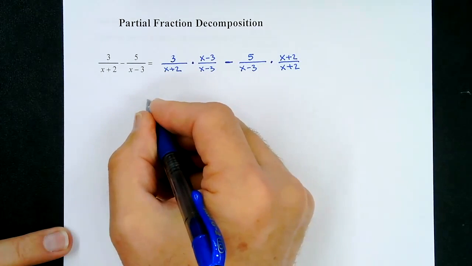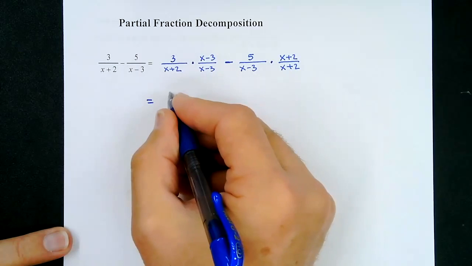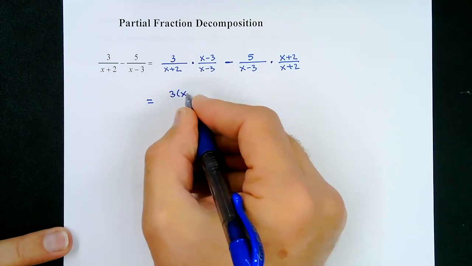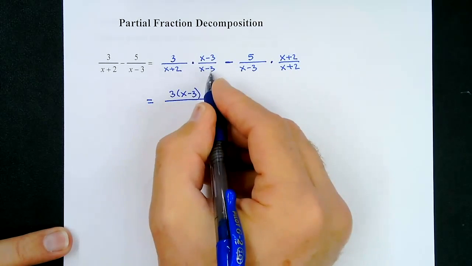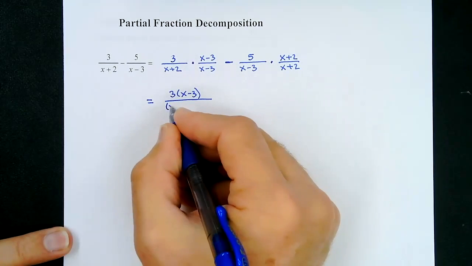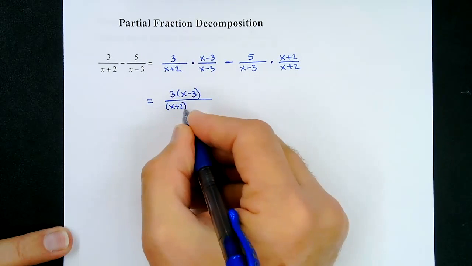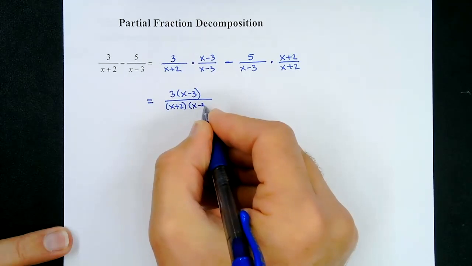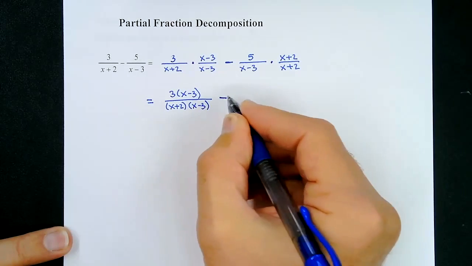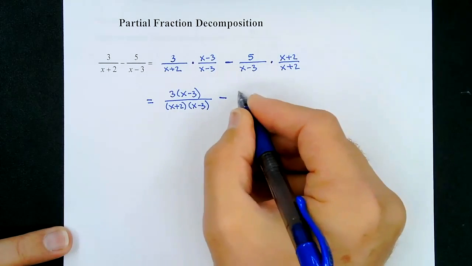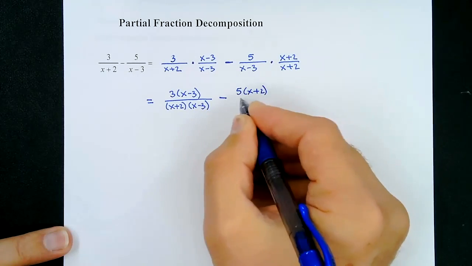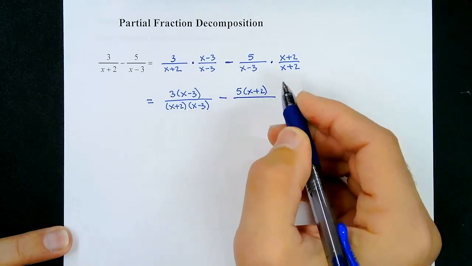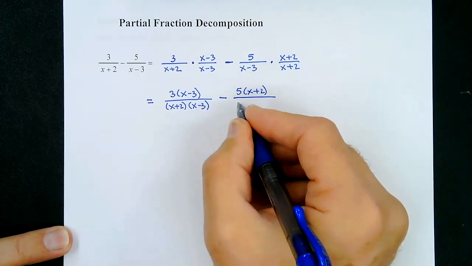So this winds up being equivalent to 3 times x minus 3 over x plus 2 times x minus 3, and then minus 5 times x plus 2 over x minus 3 times x plus 2.